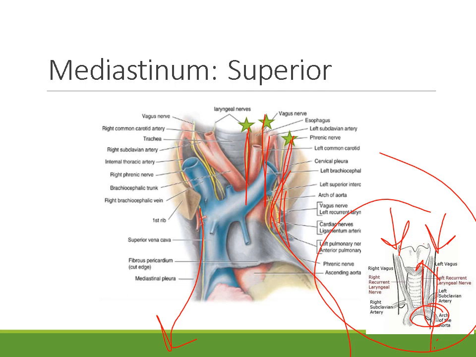On the right-hand side, though, the recurrent laryngeal nerve does not start so low. It starts a little higher up in the neck. So you can see the vagus nerve making its way down, and then right here at the level of the subclavian artery, that's where the right laryngeal nerve curves around and then makes its way back up the trachea towards the larynx.